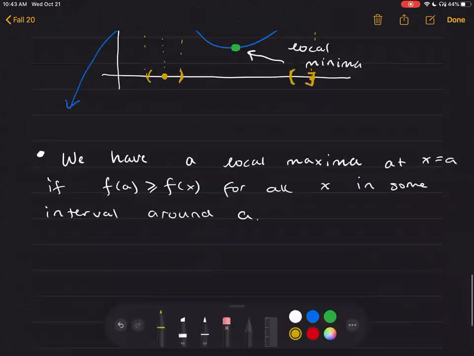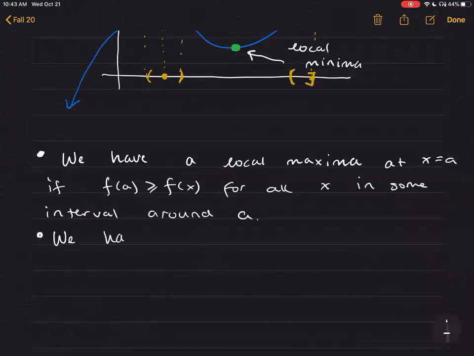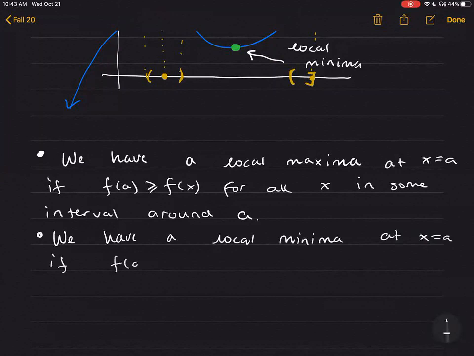And for local minima, at x equals a, if f of a is less than or equal to f of x for all x in some interval around a.